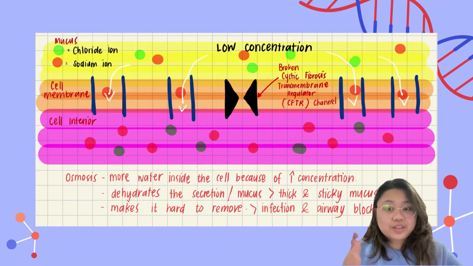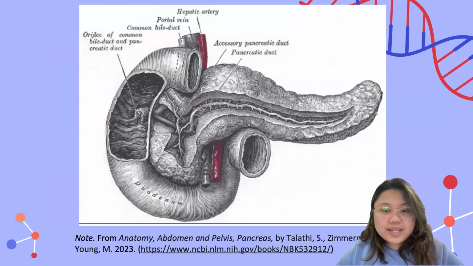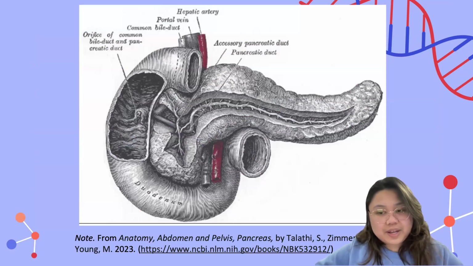We can remember the thick and sticky mucus. This thick and sticky mucus is also an environment for bacteria or infection to grow. CFTR protein is also found in the digestive ducts, which allows the enzymes from the pancreas to digest important substances such as fats, proteins, and vitamins.